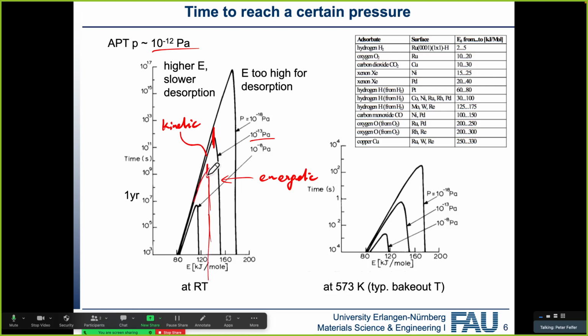You can see that molecules at probably about 120, 130 kilojoule per mole desorption energy would probably be the worst. And here we're roughly at a 1 year desorption time. So you can see one monolayer to desorb would take about a couple of months to a couple of years. Those very, very strongly depend on what molecule we have and what room temperature we have.